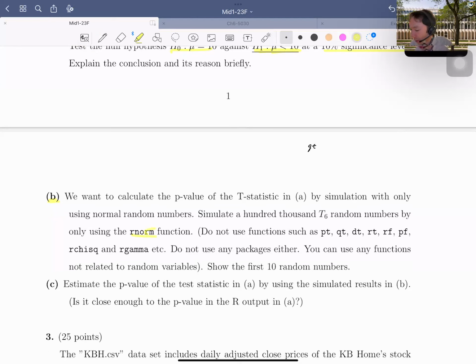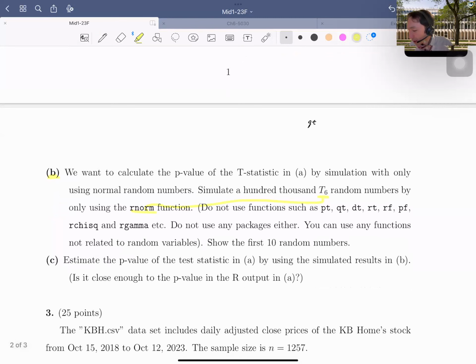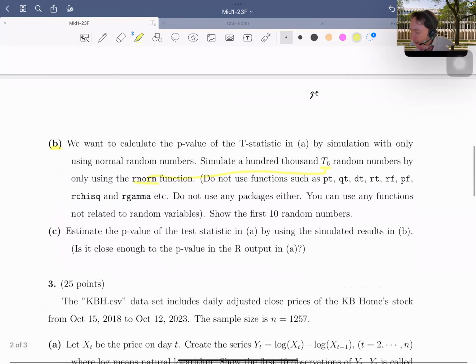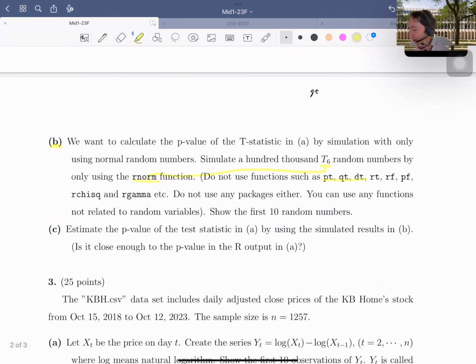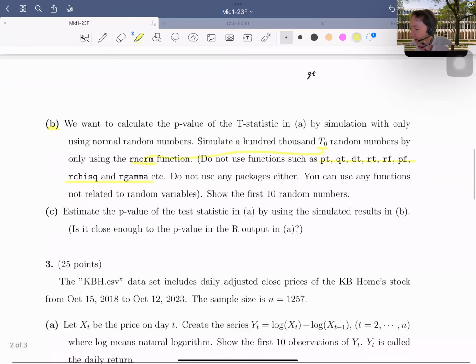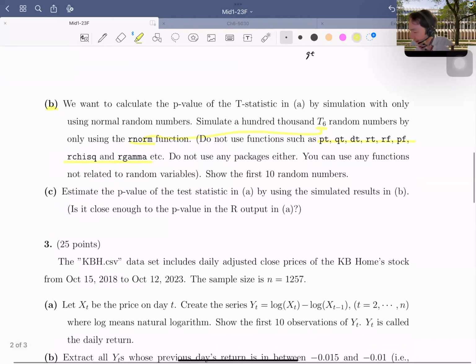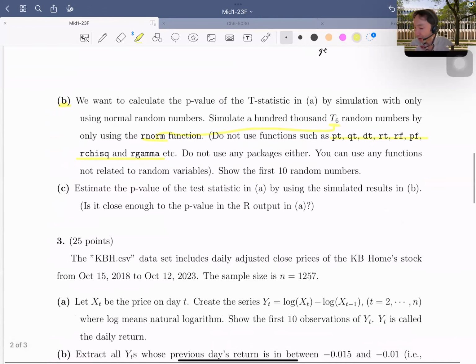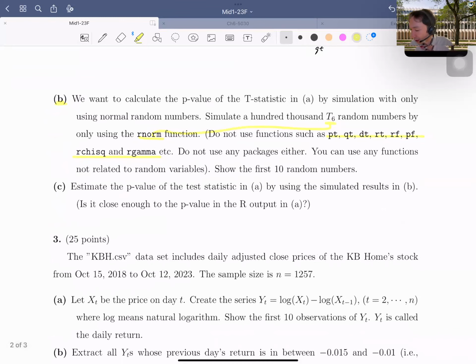But normal random numbers can create t random numbers if we use some theorem, right? So we are not allowed to use these functions, and you can only use the rnorm function. No functions about random variables are allowed except for rnorm. You can use any deterministic functions not related to random variables.